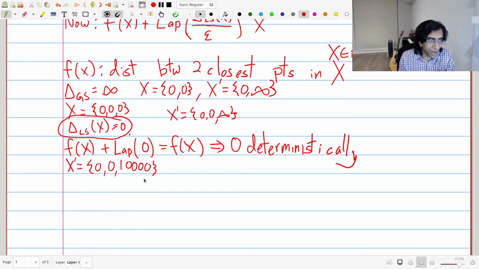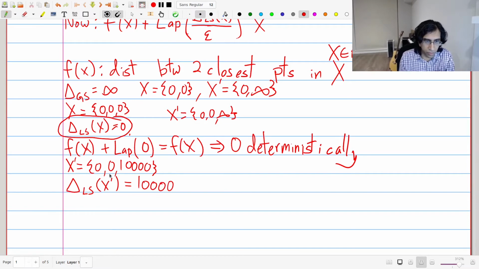Now, what is the local sensitivity of this? Well, you can see that delta LS of x prime is going to be equal to 10,000.